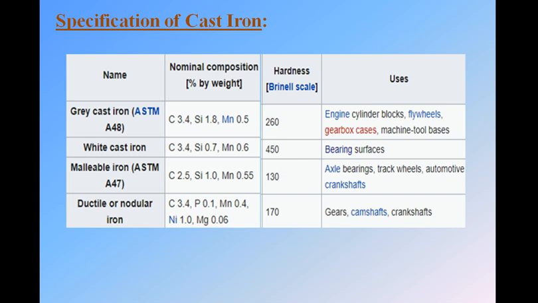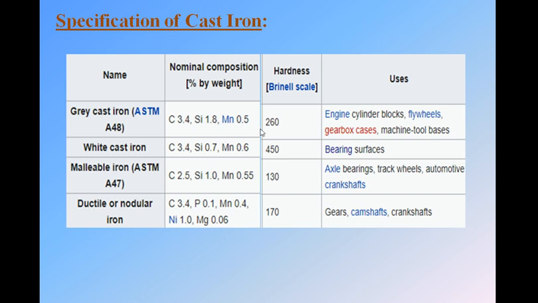The first is grey cast iron. C means carbon, that is 3.4%. Si means silicon, 1.8%, and manganese, that is 0.5%. The hardness is 260 BHN, that is Brinell hardness number.